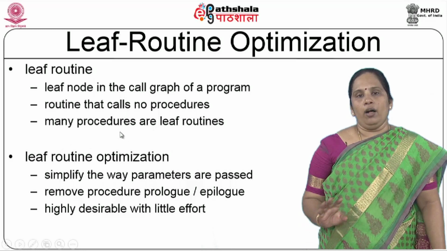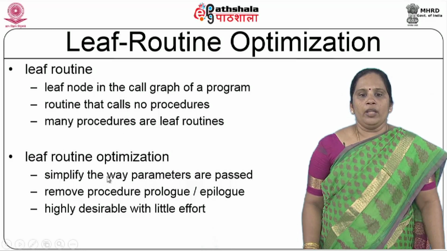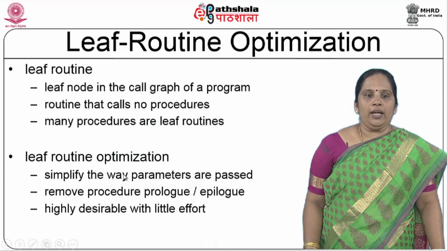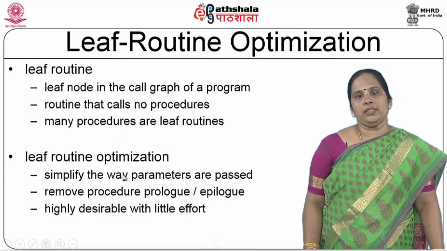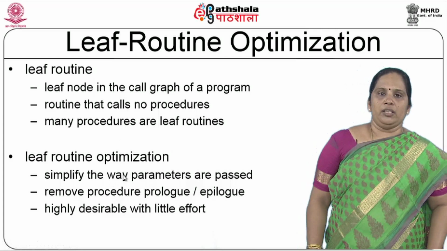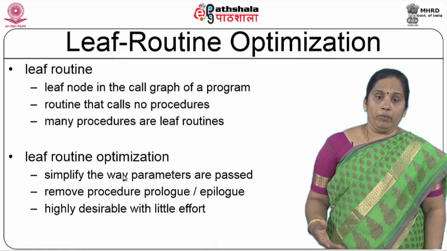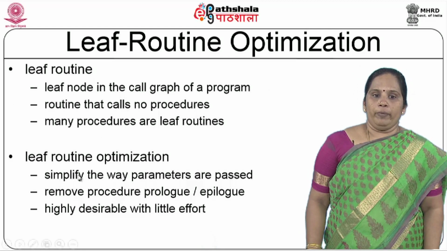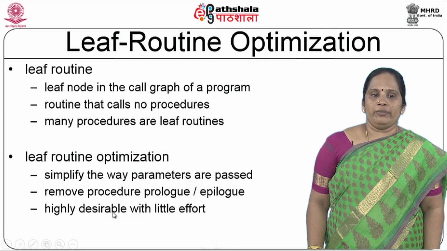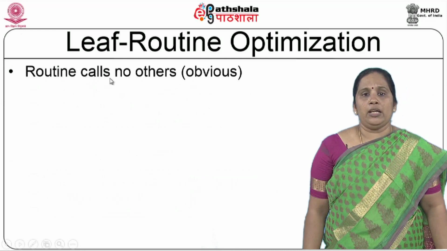To optimize that, simplify the way parameters are passed. A global parameter here would help, and it is highly desirable with very little effort. It should not call any other routine, so that is obvious.